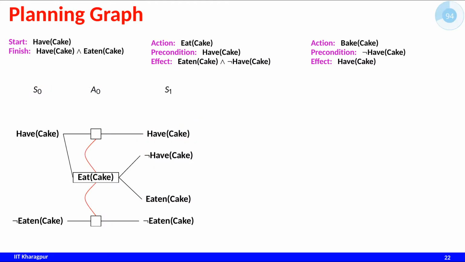We will represent these mutually exclusive, mutex actions through a line drawn in red. So whatever actions I have in this level, I cannot apply all of them, and certain actions will be mutually exclusive.